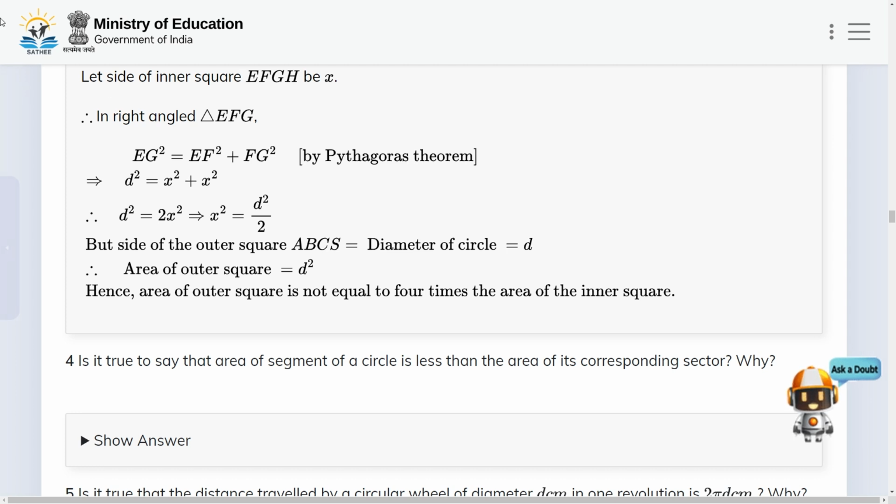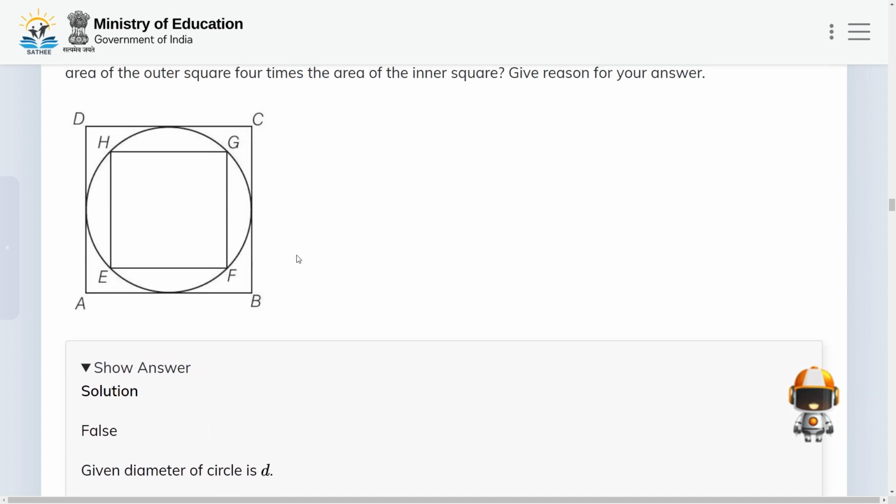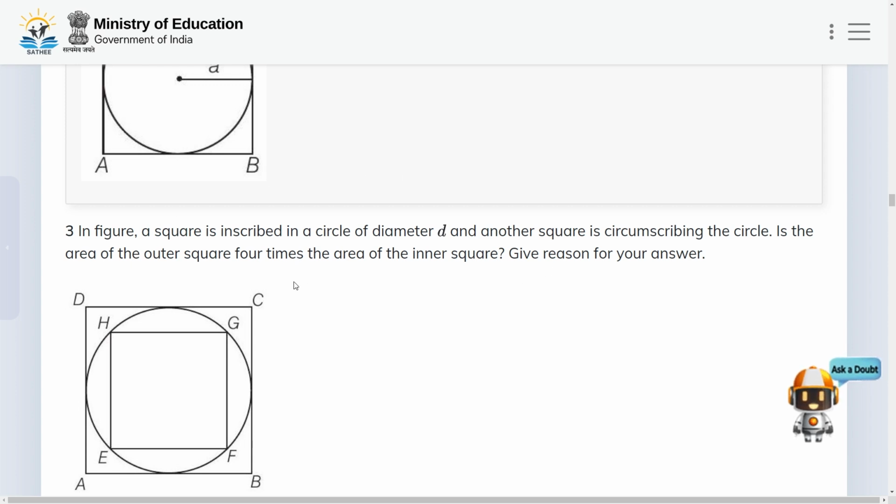But the side of the outer square ABCD is equal to the diameter of the circle, that is equal to d, and therefore the area of the outer square is equal to d squared. Hence the area of the outer square is not equal to 4 times the area of the inner square. Therefore this statement is false.